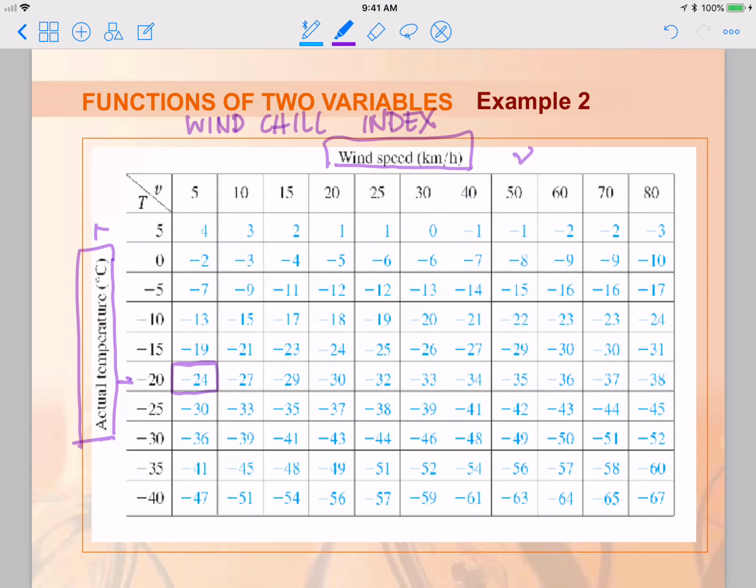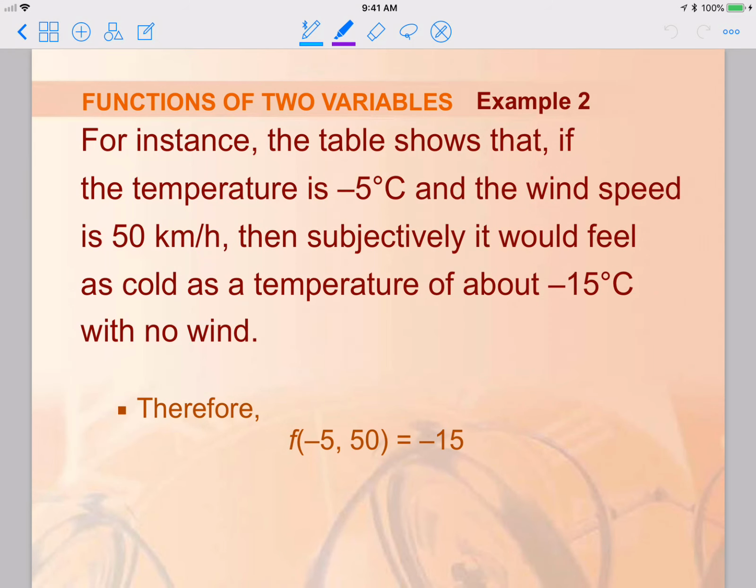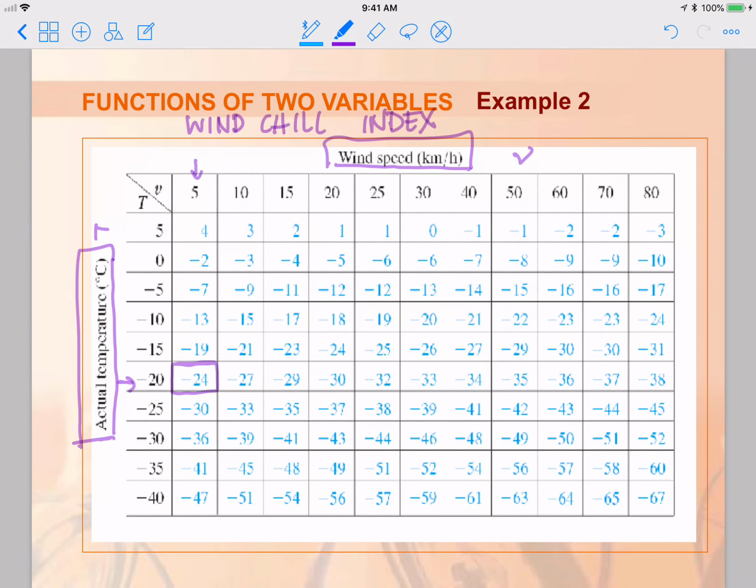You just look up negative 20 and then down here 5, and you see where those numbers intersect. Okay. And similarly, if the temperature is negative 5 degrees Celsius and the wind speed is 50, then what is the index? Well, we would just go over to negative 5, and then 50. And there we are, negative 15.